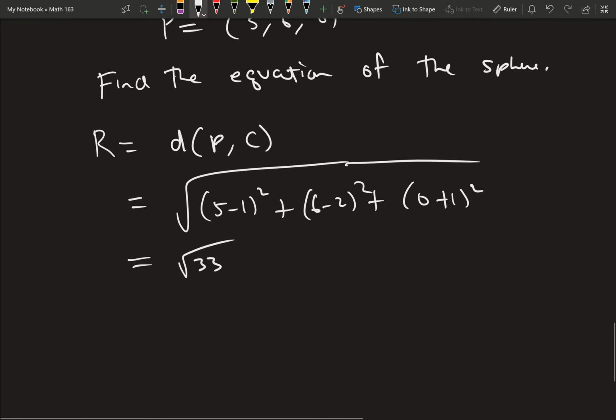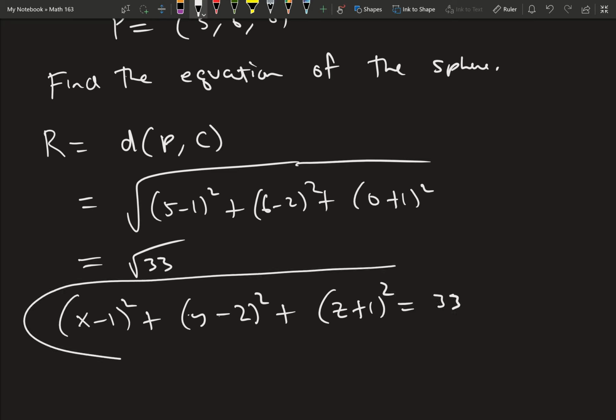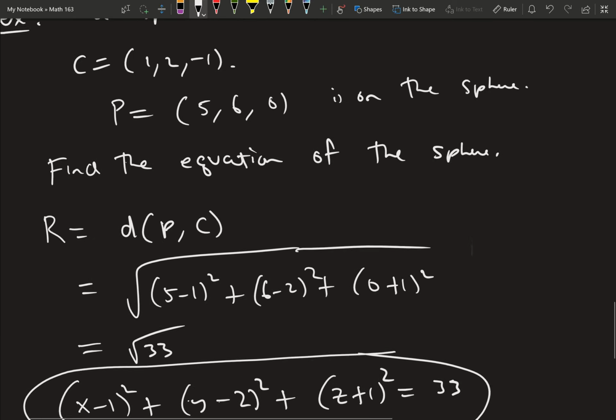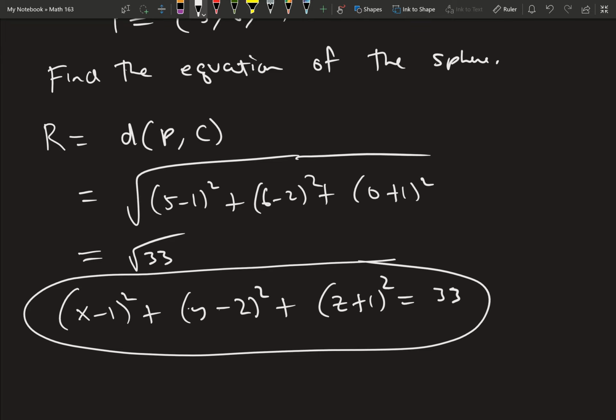And so the equation of the sphere is x minus 1 squared plus y minus 2 squared plus z plus 1 squared is equal to r squared, or 33, where the center is 1, 2, negative 1.